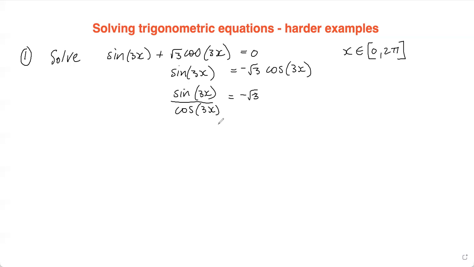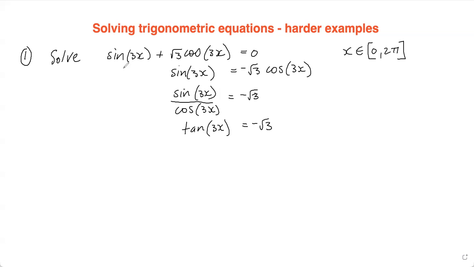Now what you might remember from your work with the unit circle is that sine over cos is equal to tan. That's only when the insides are the same, when the angle is the same, which we have here. So this now becomes tan 3x is equal to negative root 3.